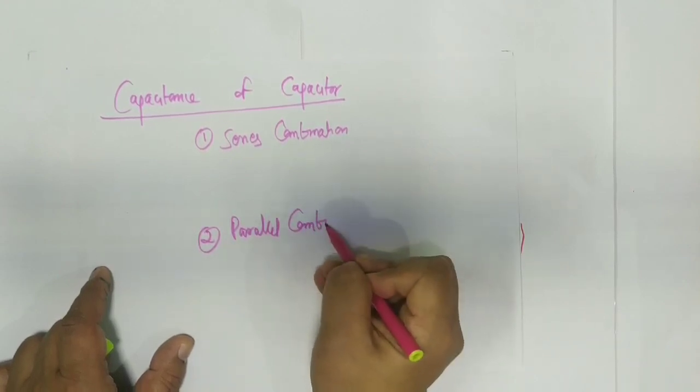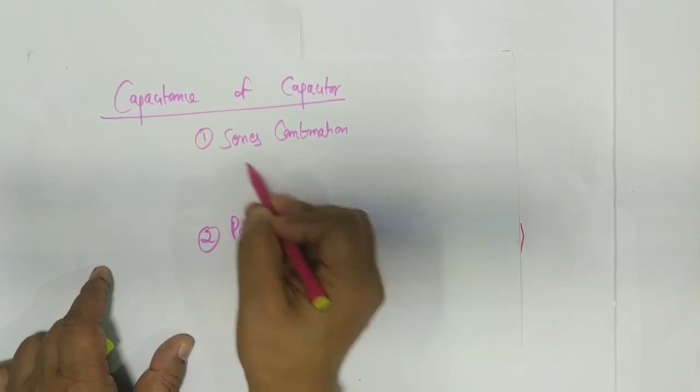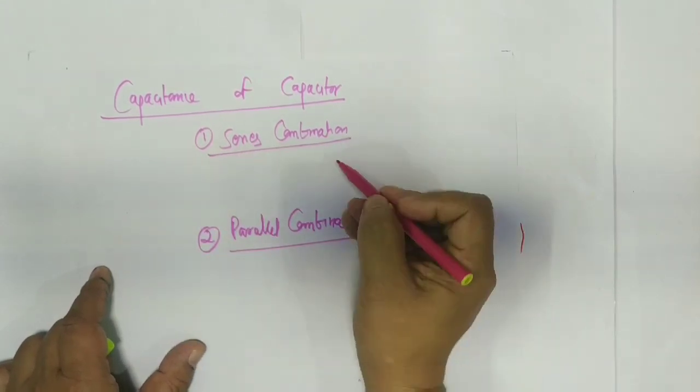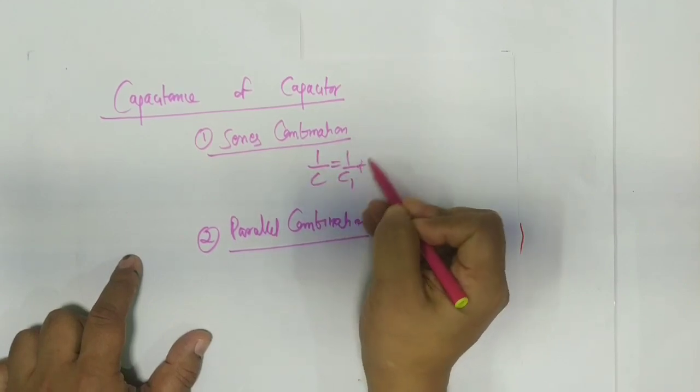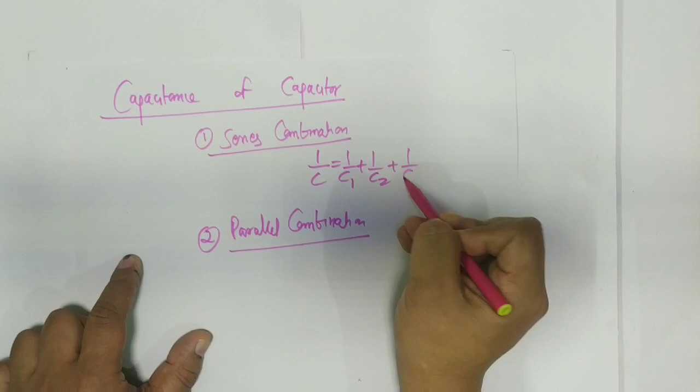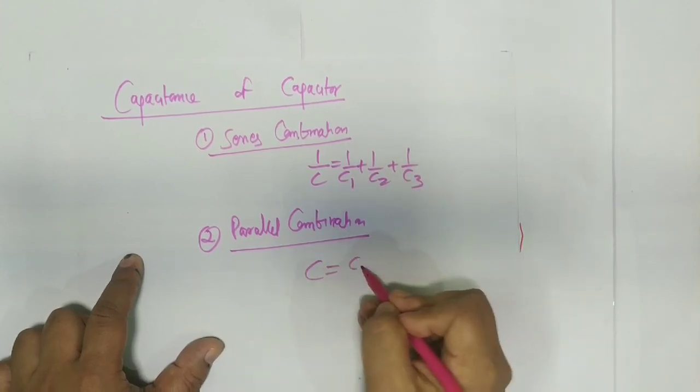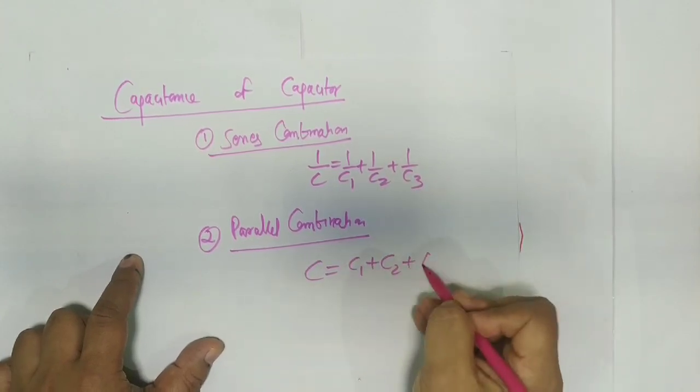Got it? So in the series combination, how are we going to add them all? So 1 by C equal to 1 by C1 plus 1 by C2 plus 1 by C3. And in parallel, it is C1 plus C2 plus C3.